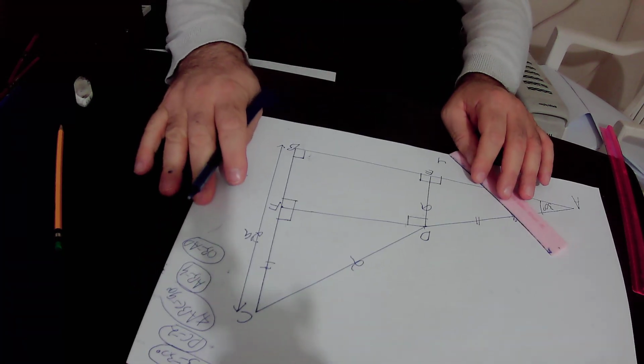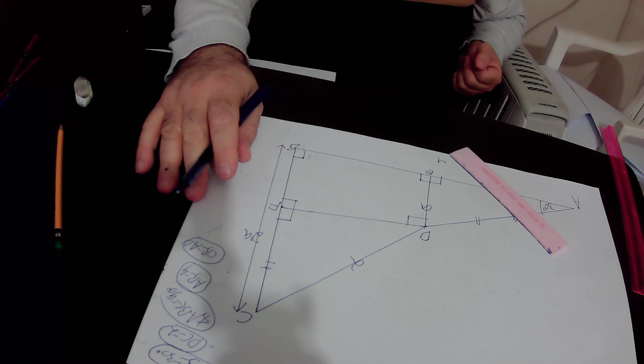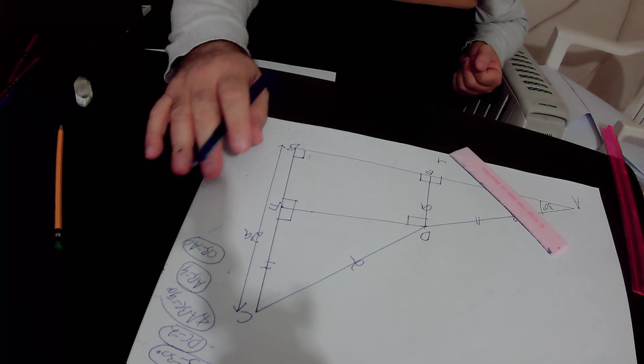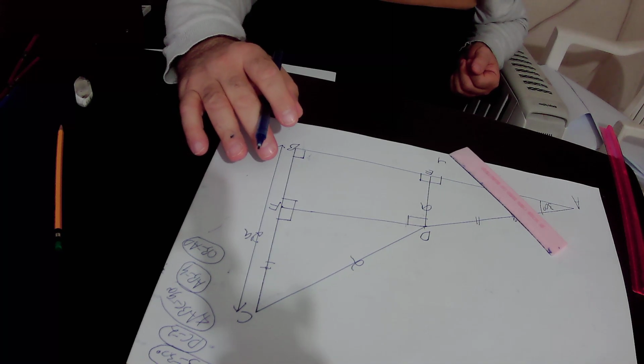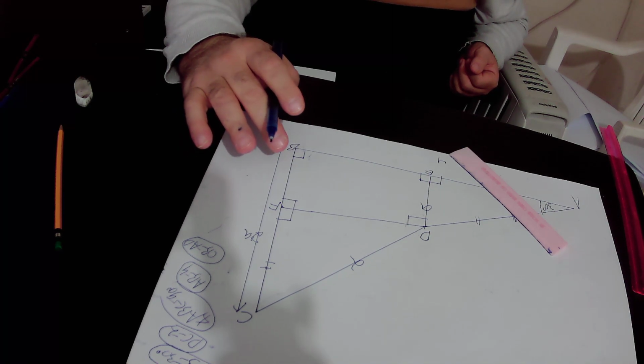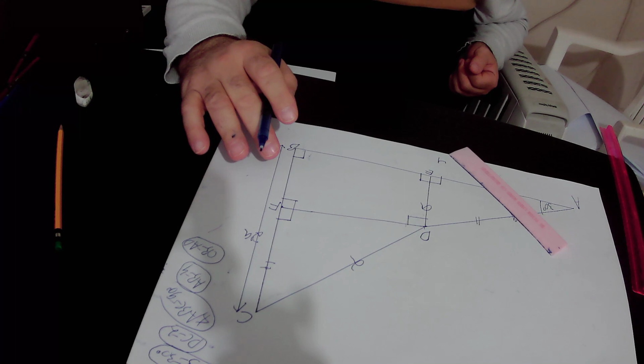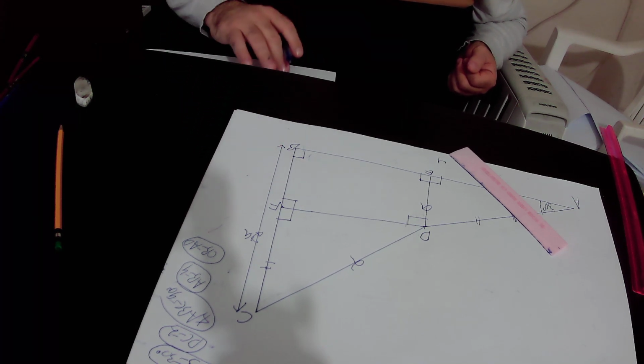As you can see from the drawing, all four angles of quadrilateral DFEB are right angles, they are equal to 90 degrees.